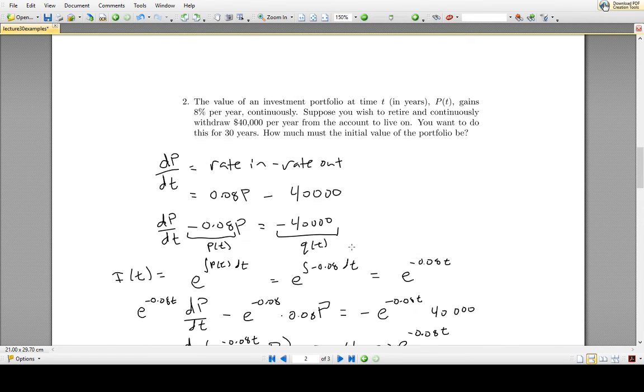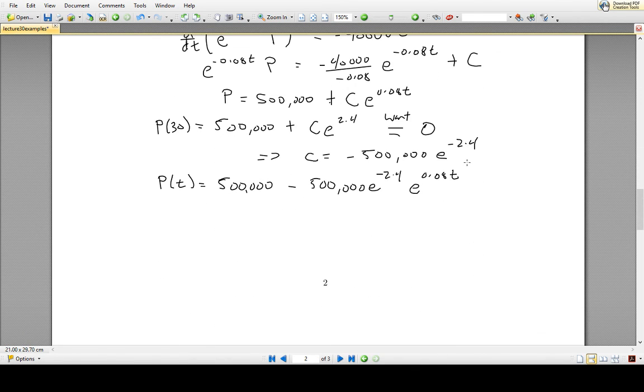Okay, the question is asking how much must the initial value of the portfolio be? So how much at time equals 0 should the portfolio be valued? We plug t equals 0 into our formula, and we get 500,000 minus 500,000 e to the negative 2.4. When you plug in 0 for t, you get e to the power of 0, which is just 1.